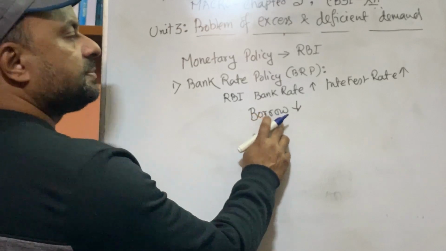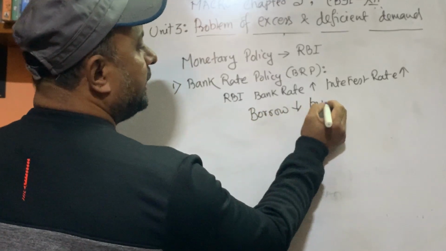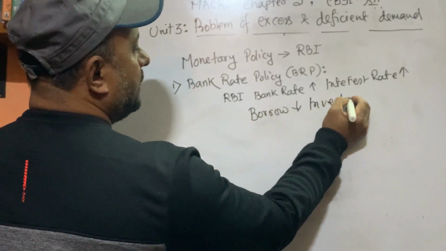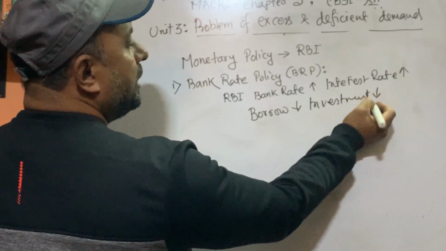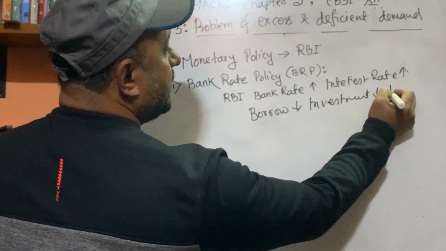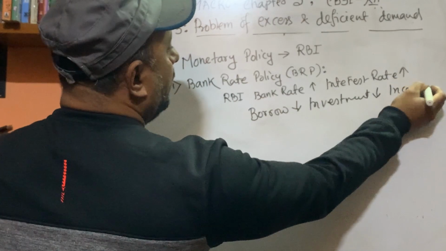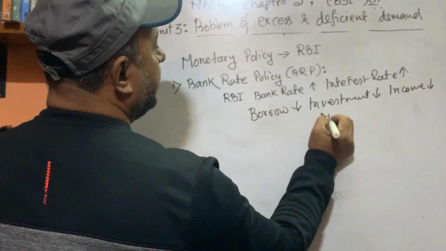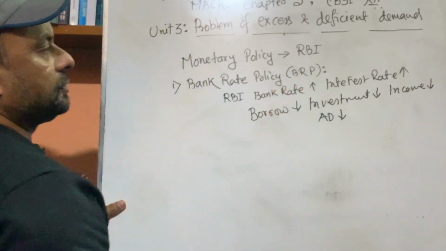If people borrow less money from the bank, investment of the economy will fall. If investment decreases, income of the economy will fall, which means the aggregate demand level of the economy also will fall.